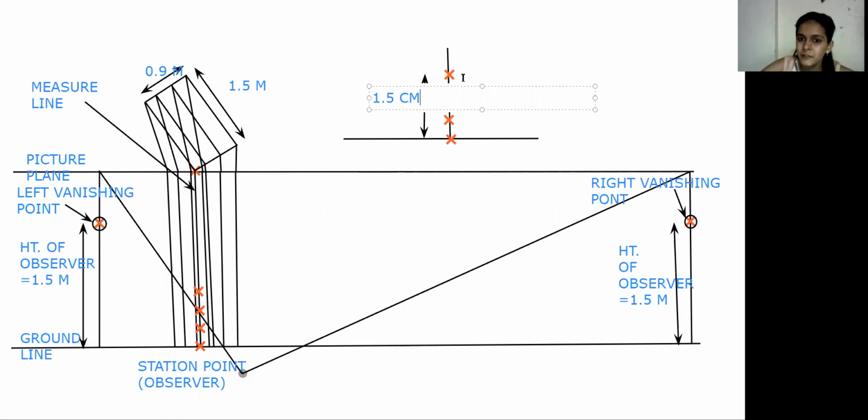And the gap between 2 points is 0.5 centimeter, again 0.5 centimeter, again 0.5 centimeter, right? So this way we can mark the 4 points.